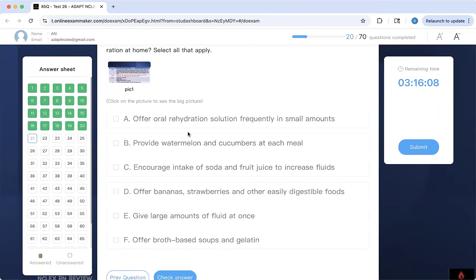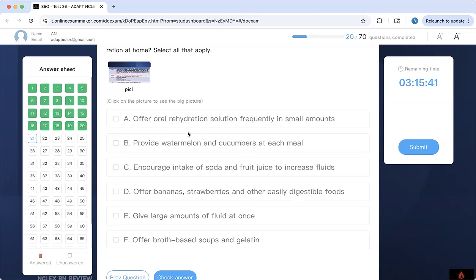Offer oral rehydration solution frequently in small amounts. Provide watermelon and cucumbers at each meal. Encourage intake of soda and fruit juice to increase fluid. Offer banana, strawberry, and other easily digestible food. Give a large amount of fluid at once. And offer broth-based soup and gelatin. Which ones will help hydrate this kid? That's all.